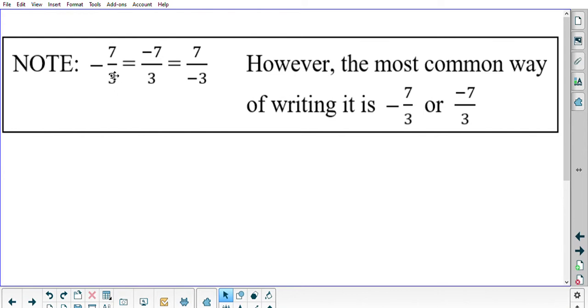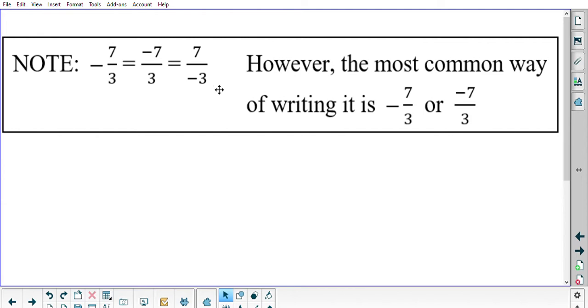When you have a negative fraction, that's the same as the numerator being negative or the denominator being negative, but not both. Okay? The most common way of writing it is putting the negative sign in front of the entire fraction, or leaving the negative sign in the numerator. You're rarely going to see textbooks across America putting the negative sign and leaving it in the denominator. It's just not very common to see that.